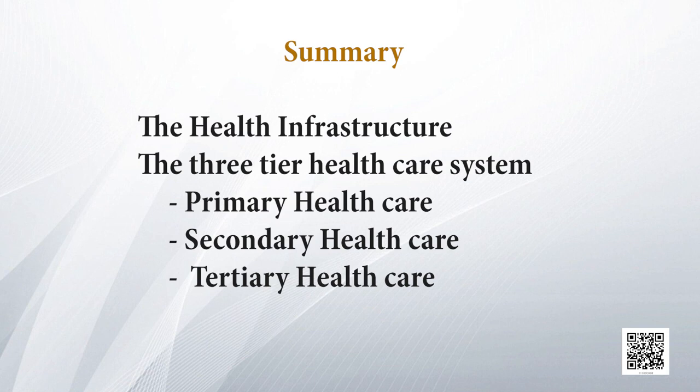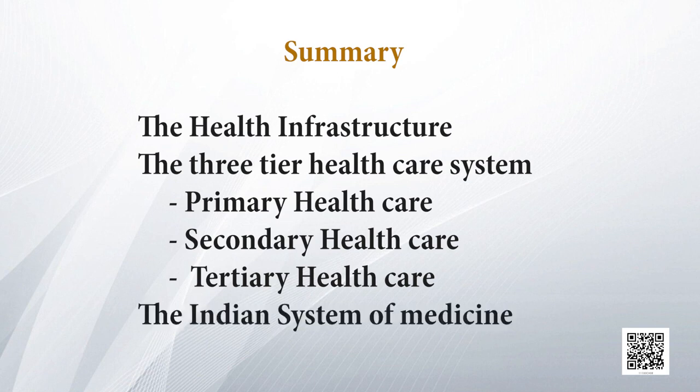We also discussed the Indian system of medicine, which includes naturopathy, Ayurveda, yoga, Unani, Siddha and homeopathy. Then we discussed the state of health infrastructure in India. And in the end, we discussed the challenges being faced by the health infrastructure in India.